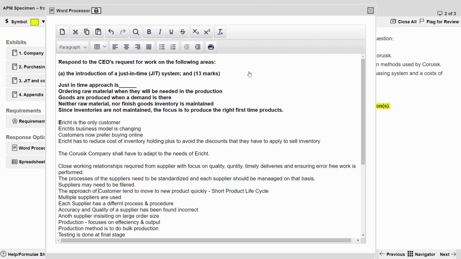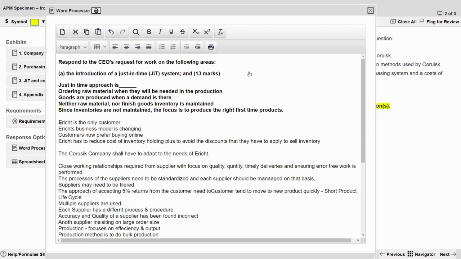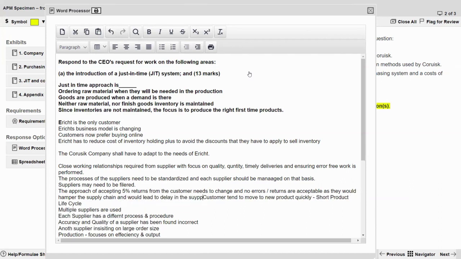The approach of accepting 5% returns from the customer needs to change, and no errors or returns are acceptable, as they would hamper the supply chain and would lead to delay in the supply of goods to the ultimate customer.